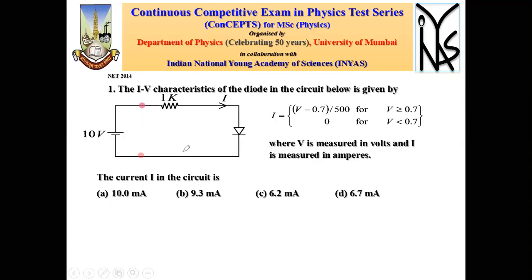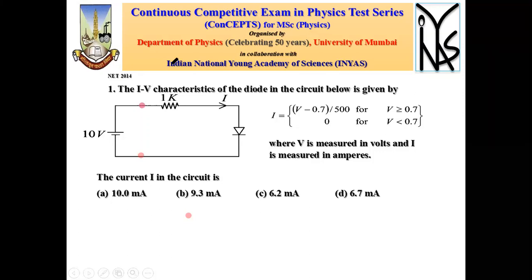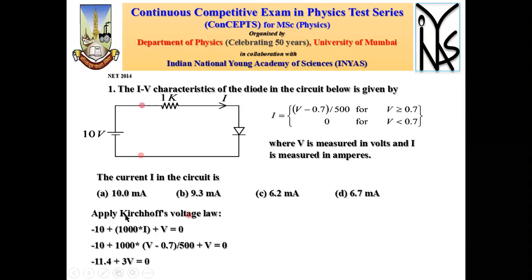And when we do this, what will happen? So when we apply Kirchhoff's voltage law, this becomes minus 10 volt across this, plus we have this criterion given, V greater than 0.7.